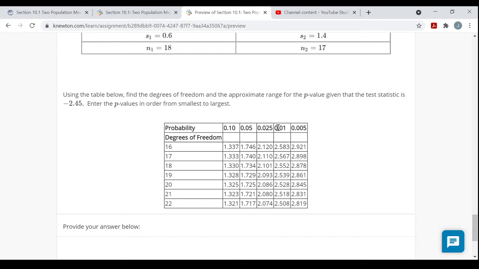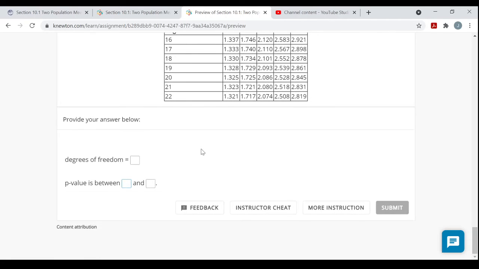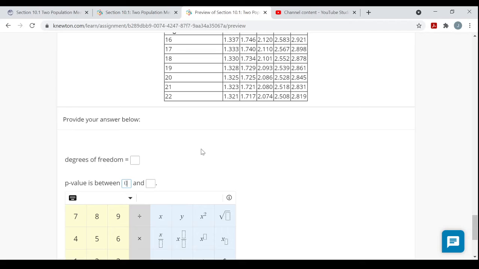And if the area to the right of positive 2.45 is between 1 and 2.5%, then our p-value, the area to the left of negative 2.45, would be the same, between 1%, 0.01, and 2.5%, 0.025, which I already told you it was, right? We said the p-value was 0.013. It's definitely between these two. And degrees of freedom I already mentioned was the smaller sample size minus 1, 16 degrees of freedom.